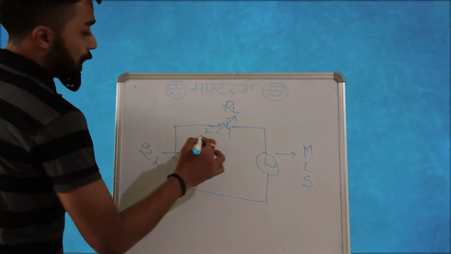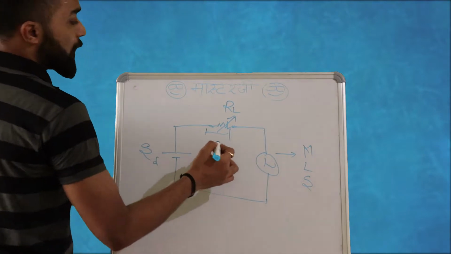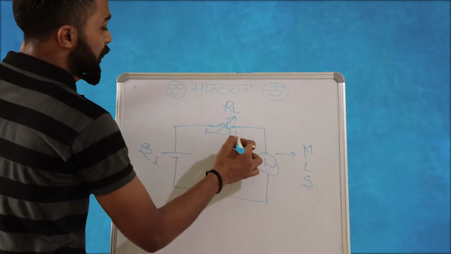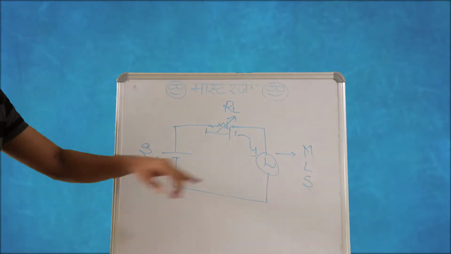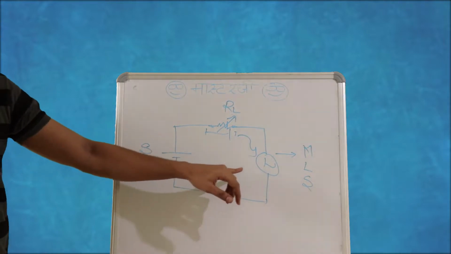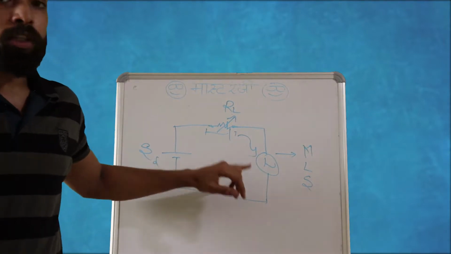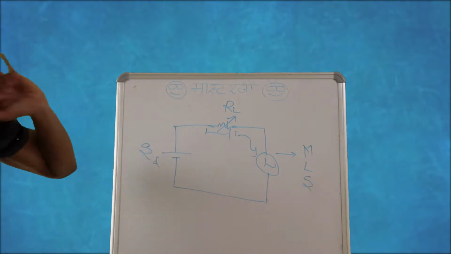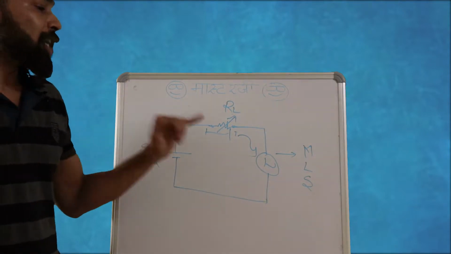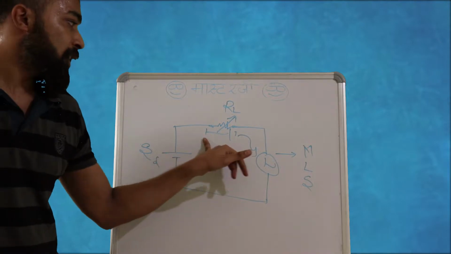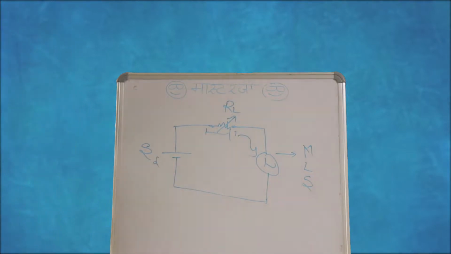Now, the amount of power which is not dissipated here will then be provided to this load, and its intensity will depend upon the power that is being provided to the load after some amount of that power is dissipated in the variable resistor.